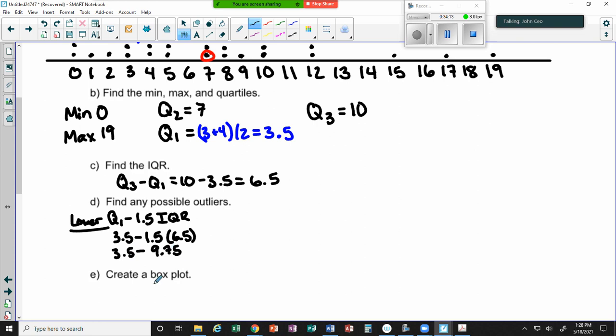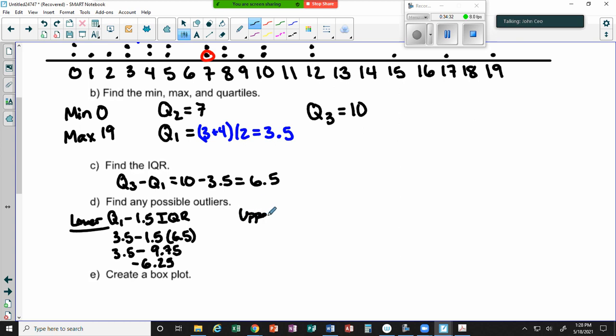So 3.5 minus 9.75 is negative 6.25. So do I have any values below that? No. So does that mean there is an outlier on the low end? No, there's no outlier on the lower end.